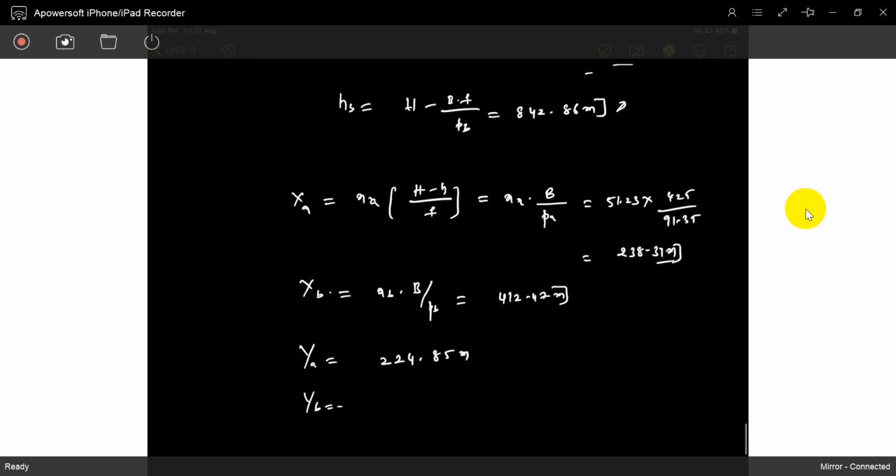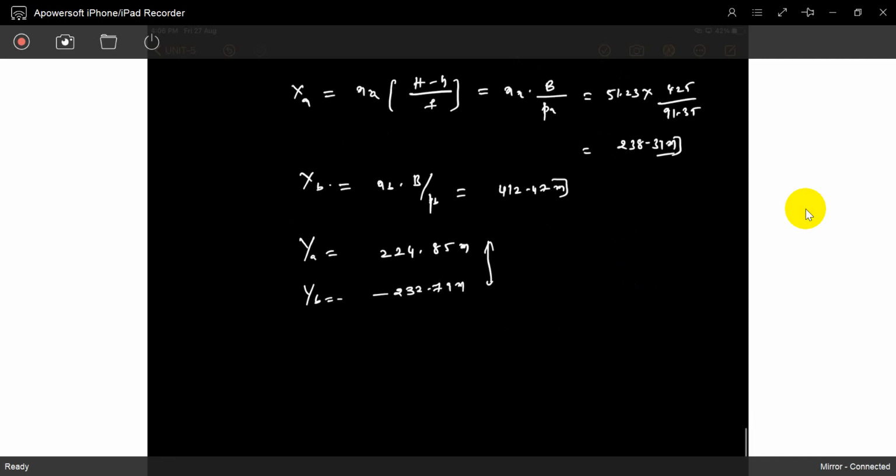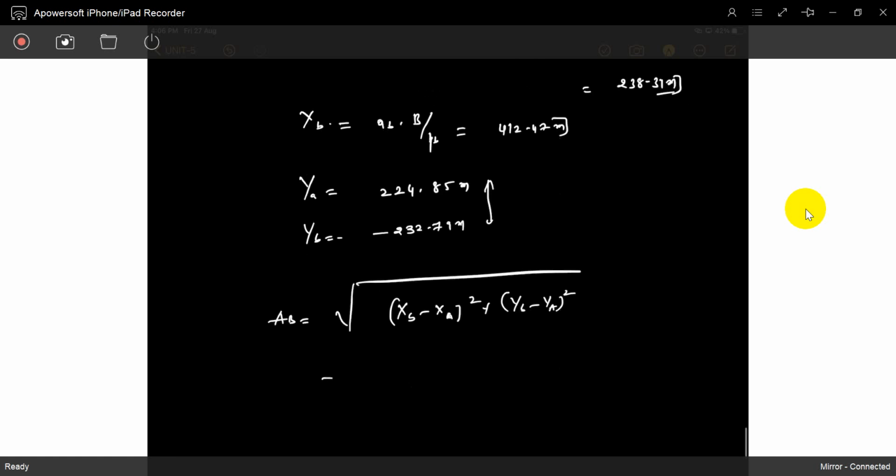YB you will get minus 232.79 meters. These are YA, YB. So now what is the distance between AB? It is simple: square root of (XB minus XA) whole square plus (YB minus YA) whole square. So the distance is 489.44 meters. That's it.